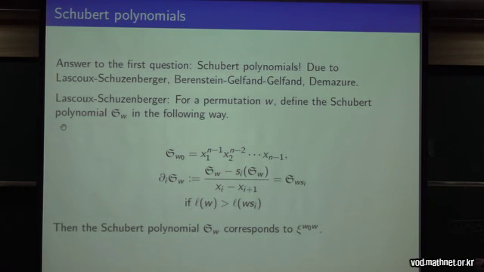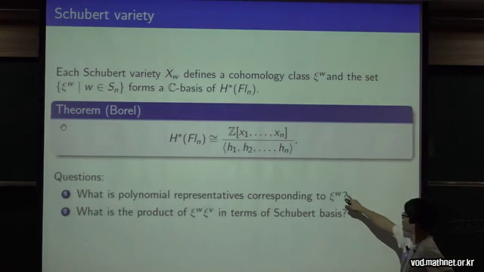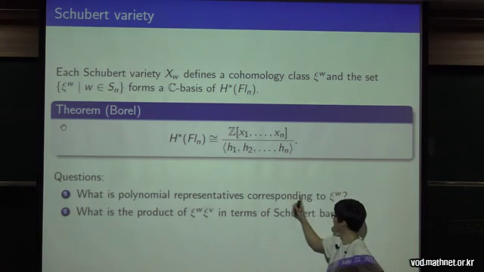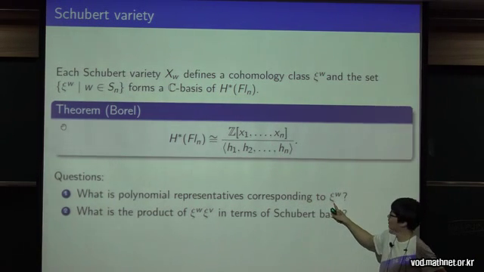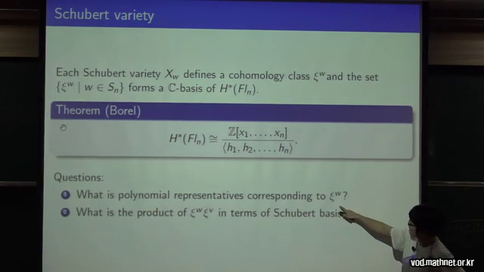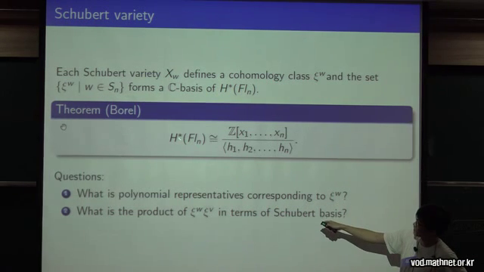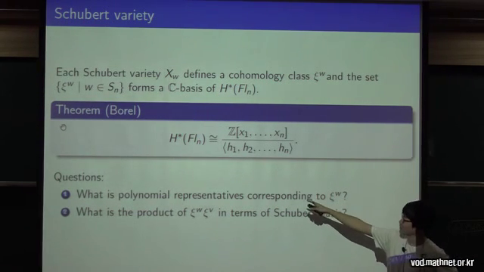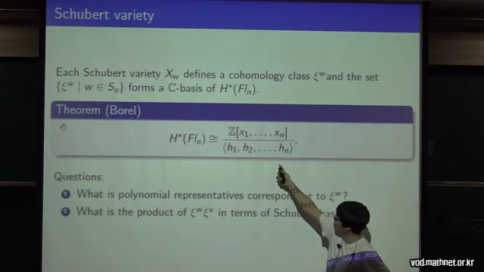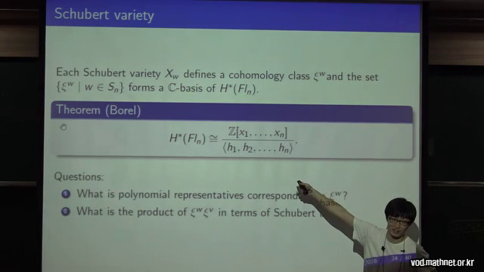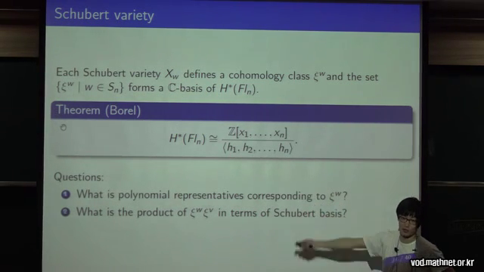The first question is finding the element in here that corresponds to this element. So this is the Schubert basis, a formal basis in the left-hand side. The question is, how to write this on the right-hand side in terms of polynomials?